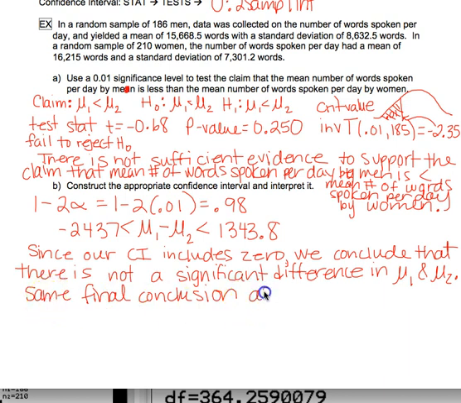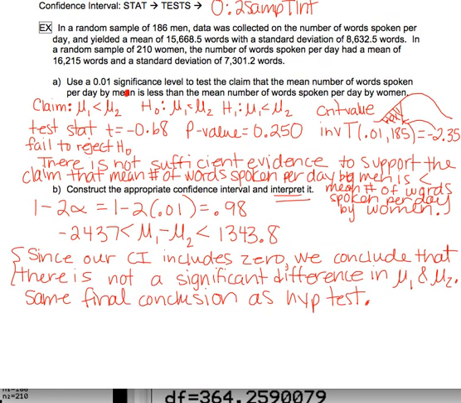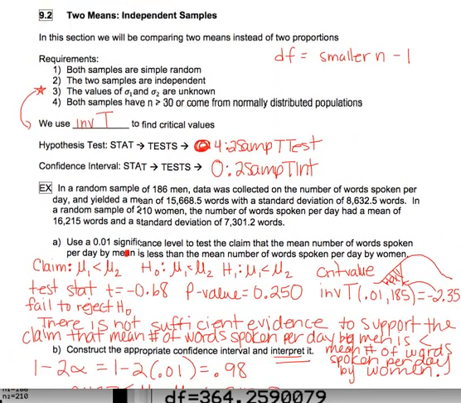You can just say same final conclusion as the hypothesis test. This part right here is our interpretation. And this is our final conclusion. All right, that wraps up our section 9.2.